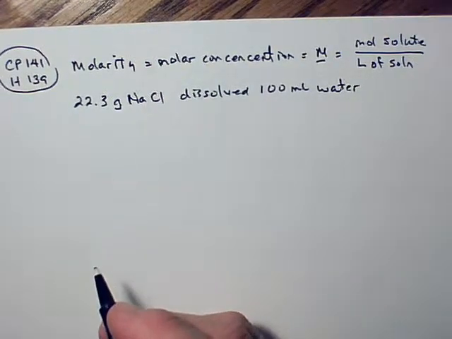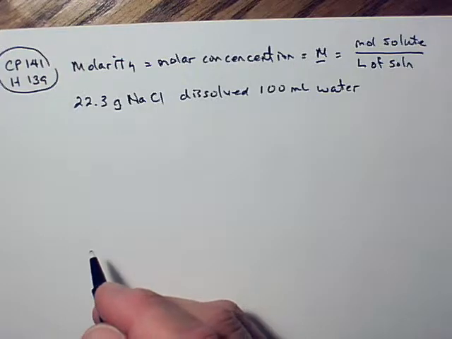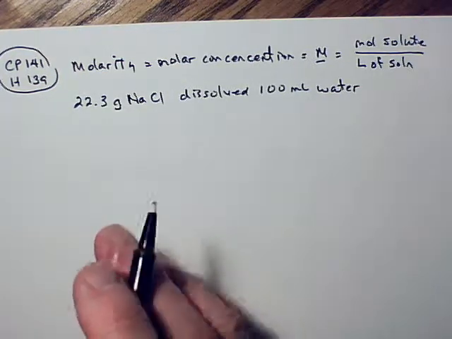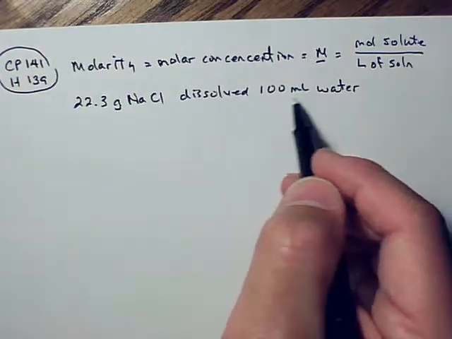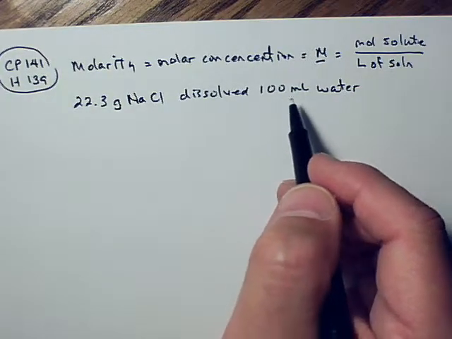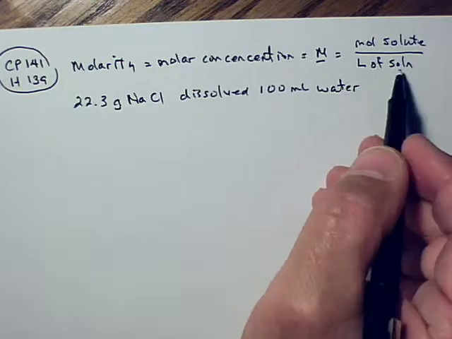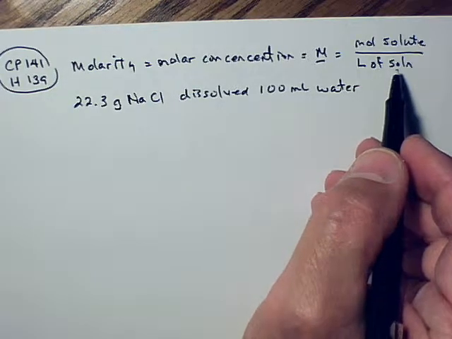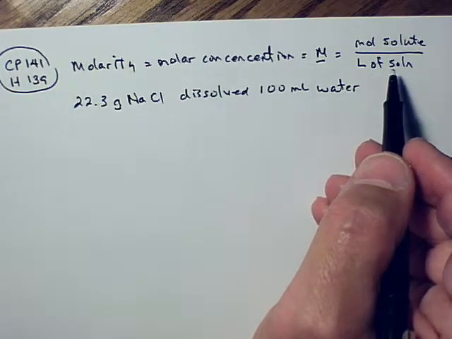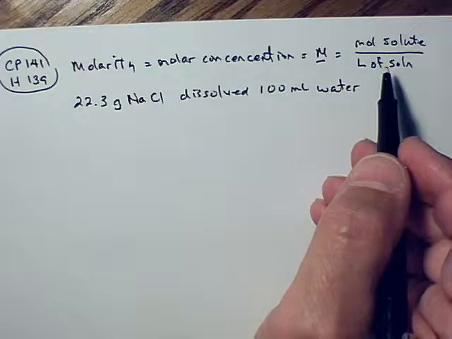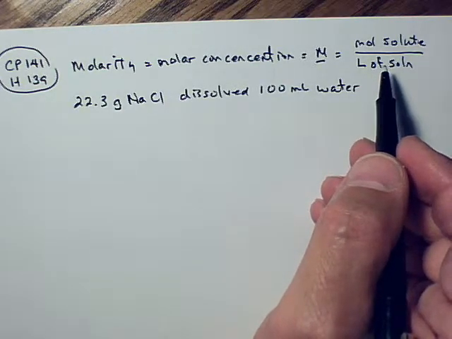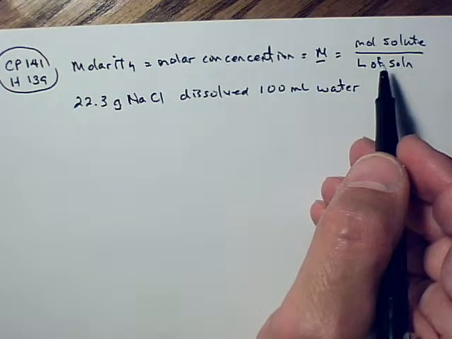Okay? Now we have a slight problem here that you have to resolve in your own mind. 100 milliliters of water is the solvent, and we need the solution. And here's how you resolve that. Listen carefully. When you dissolve salt in water, there is very, very little change in the water volume.